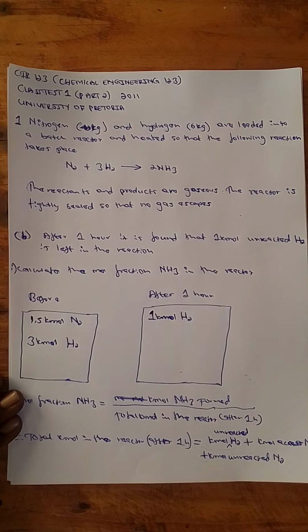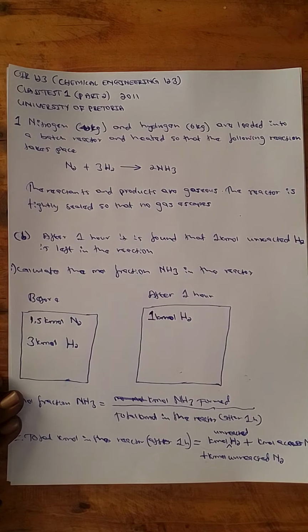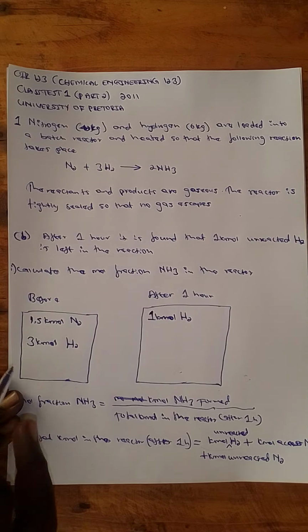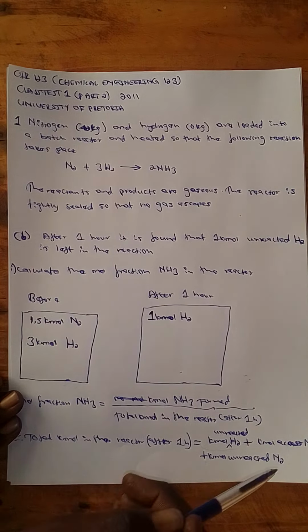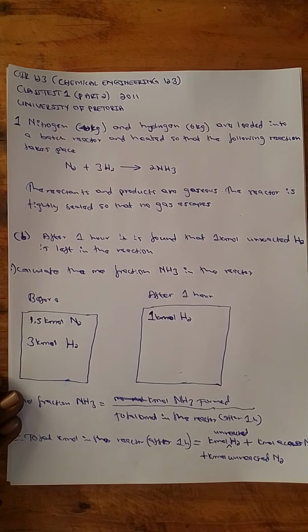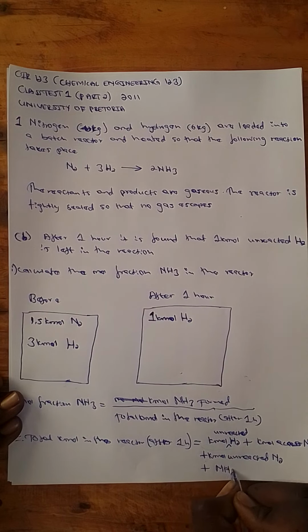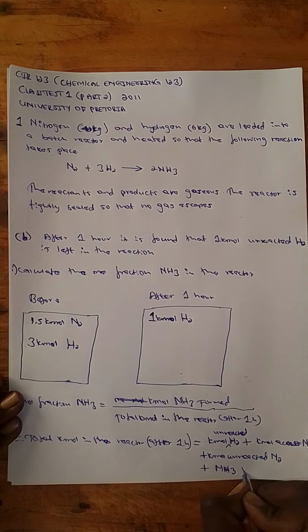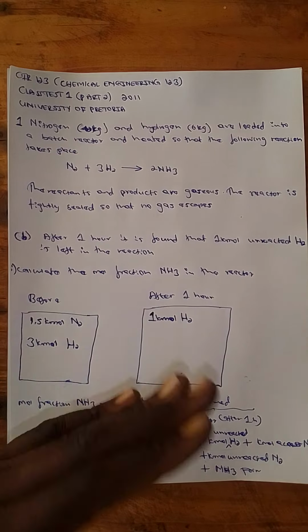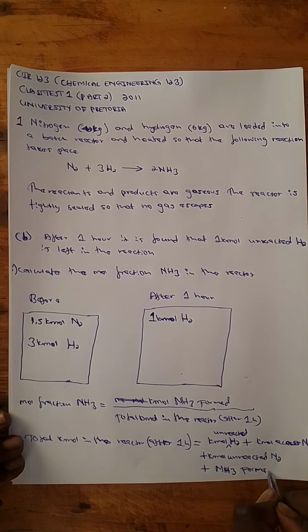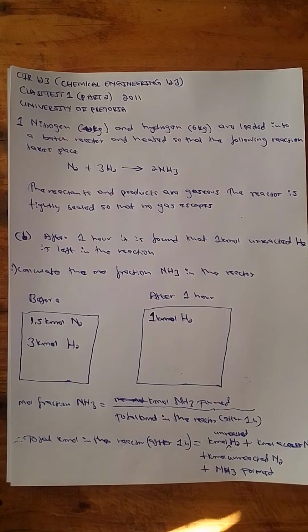This one we never expected to react in the first place, because we found it is the excess nitrogen, so we didn't have enough hydrogen to react all of the nitrogen. So we expected this excess nitrogen to remain. And then the last one that we have is the NH3 that is formed.